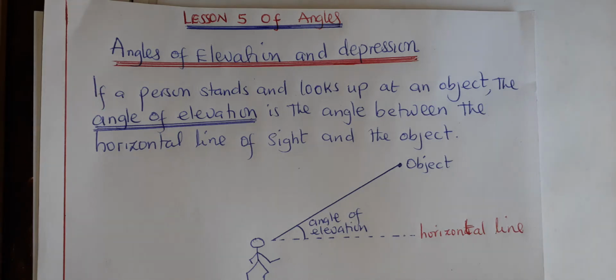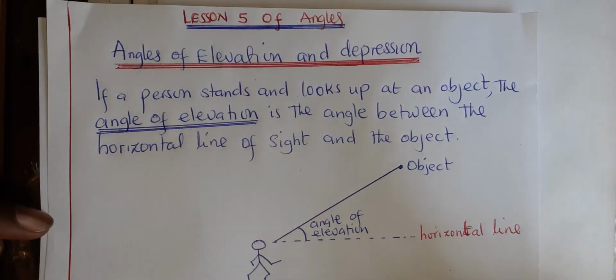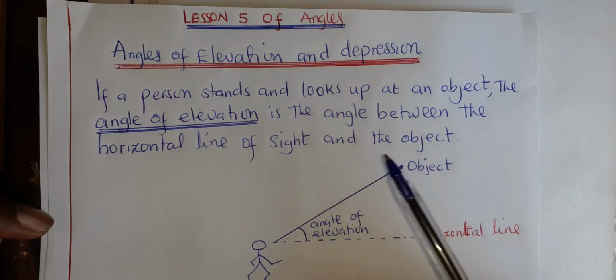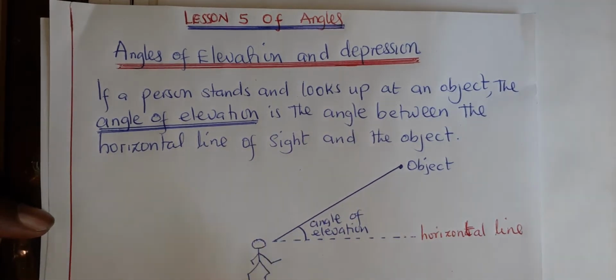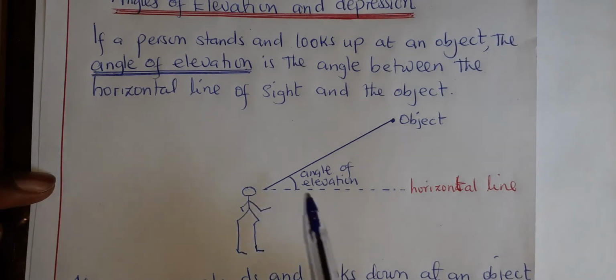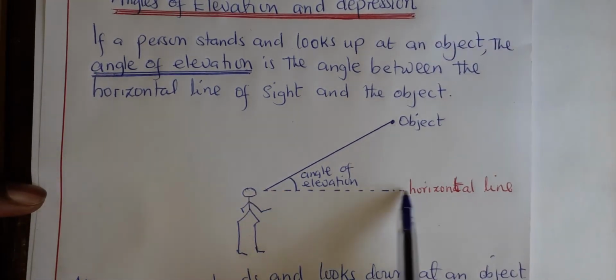What is the angle of elevation? The angle of elevation comes as a result of this: if a person is standing here, the line of sight of this person is this horizontal line.